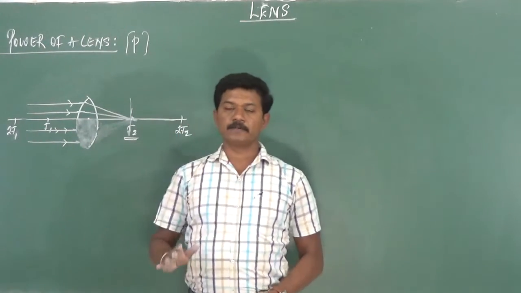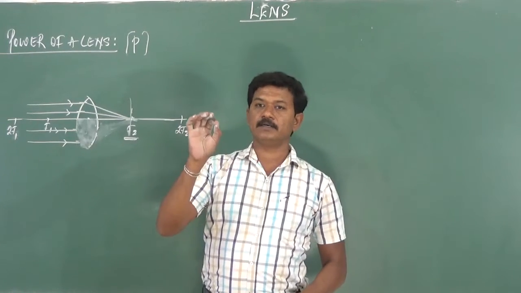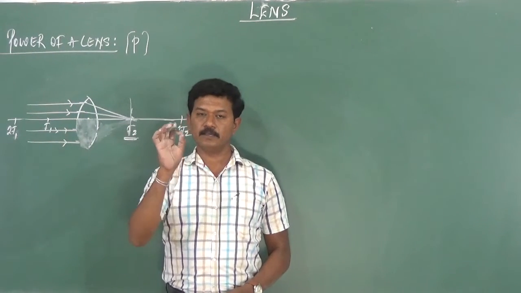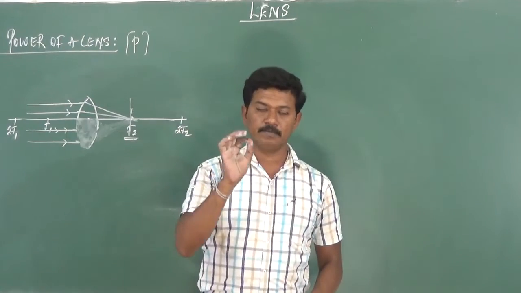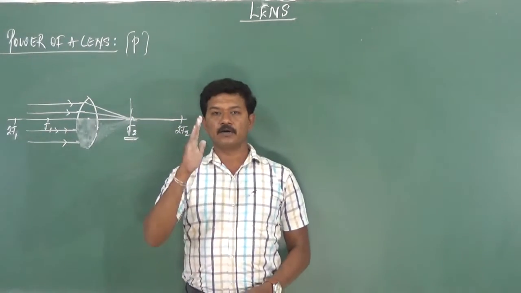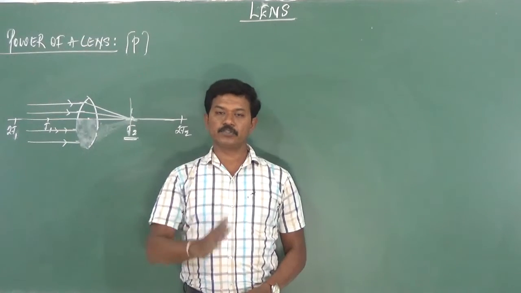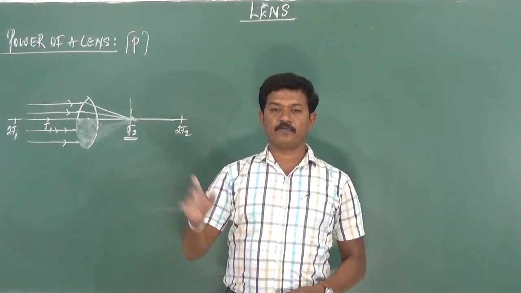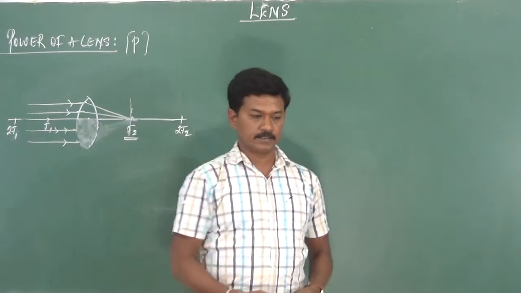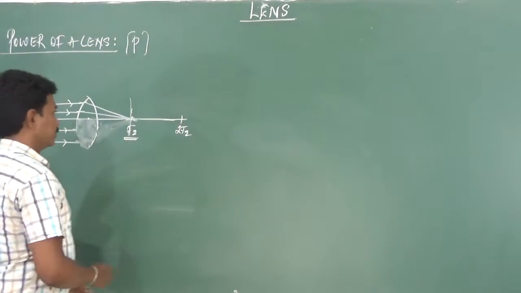What is the conclusion? The intensity of the image formed on the screen is always directly proportional to the square of the aperture of the lens.